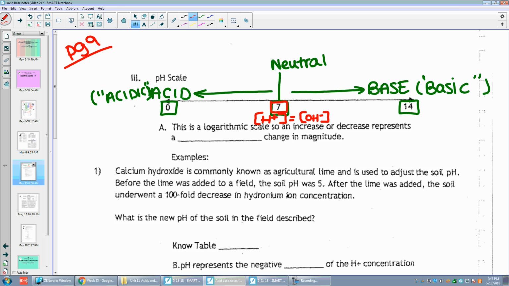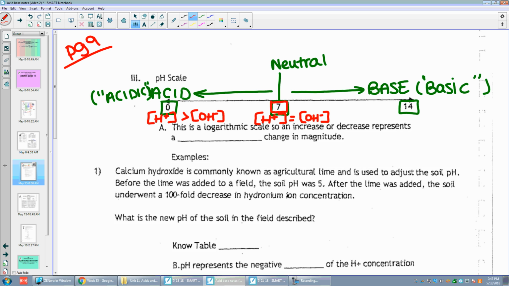If you're acidic, you want to think acids have H. So that means if I'm acidic, my H plus concentration is actually greater than my OH minus concentration. I have more H plus than I have OH minus. If I'm a base, well, bases have OH.